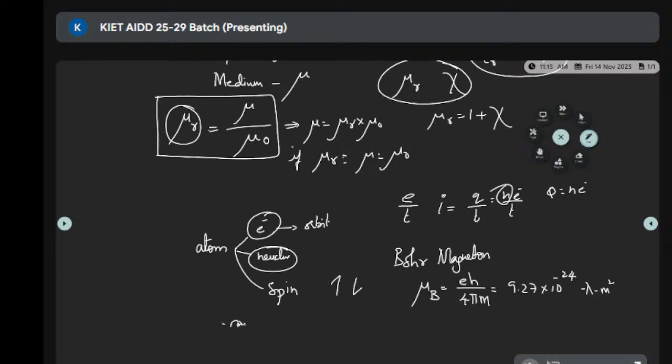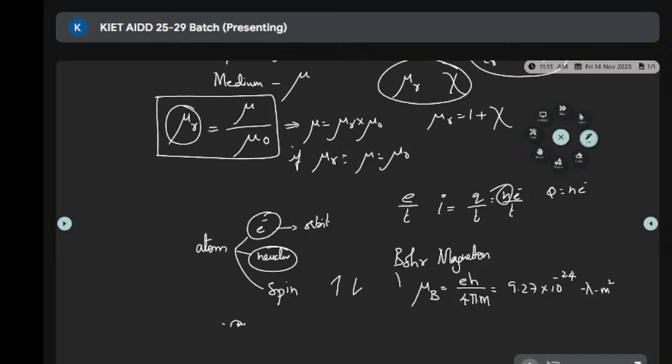Bohr magneton is a unit for measuring the magnetic moment at atomic level, whose value is given by 9.27 into 10 power minus 24 ampere meter square, and the expression for Bohr magneton is mu B, which is equal to eh by 4 pi m.